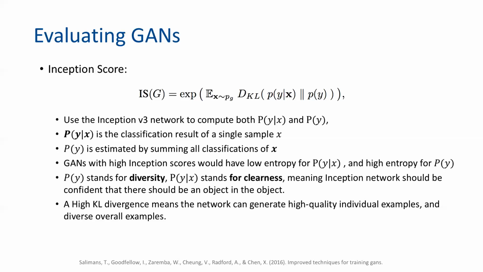And if the natural image doesn't fit very well into a class, then it's probably not a very good natural image. So I hope that's somewhat intuitive. It probably requires a little bit of thinking through and reading the paper. But anyway, that's the idea. And empirically, it's been shown to correlate well with human estimates of quality.